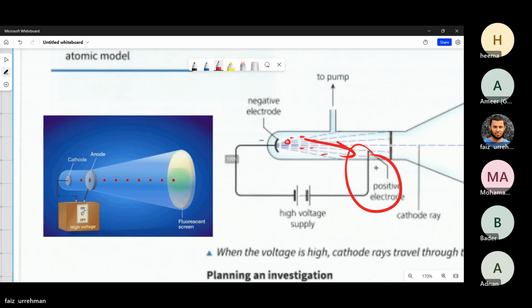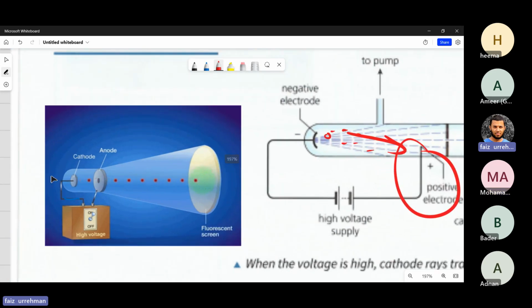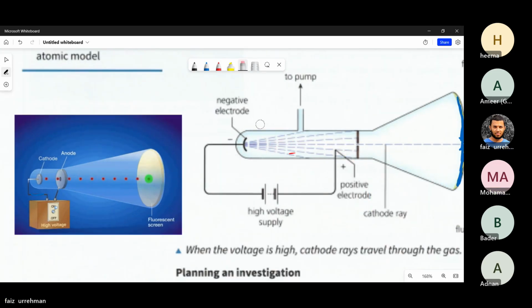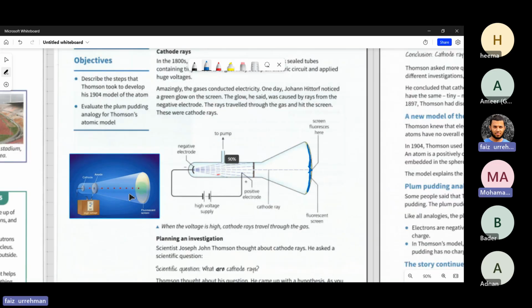Okay. Now in this GIF, they have used the reverse arrangement. Here, what do you see? Negative electrode. I'll tell you one thing.